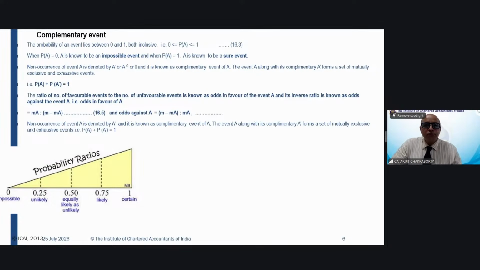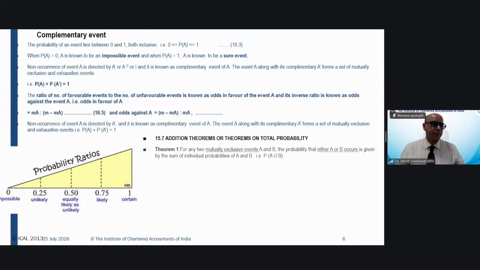Even the provision for bad debt or doubtful debt is a matter of chance, a matter of estimation, a matter of probability. You will later see that the probability principle we are discussing in this chapter is used for calculating the possible provision for a bad debt or doubtful debt. So even in accounts, you can see a direct application of probability.